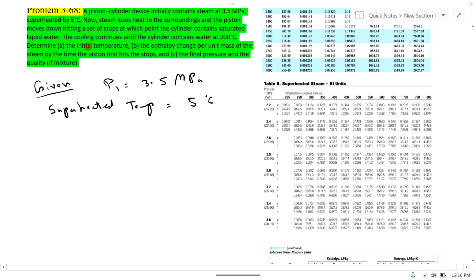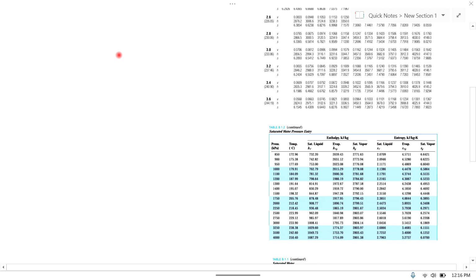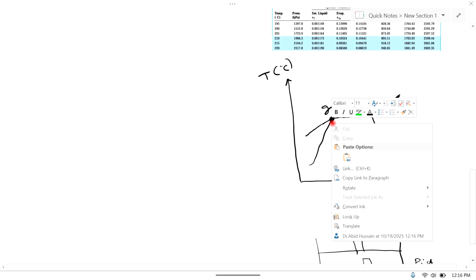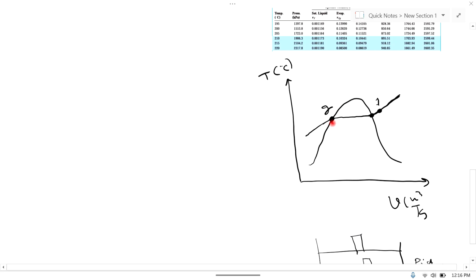Now the cooling continues until the cylinder contains water at 200 degrees centigrade. Now cooling continues, and in cooling it will go down at constant volume because now the piston is fixed. So when the piston is fixed and cooling, the system will go down.